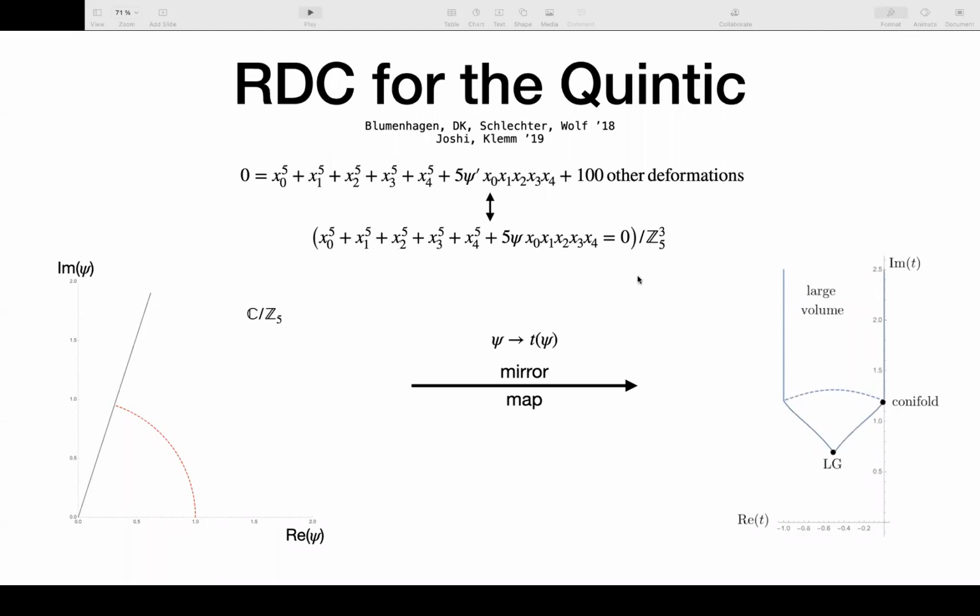And we can map the type 2B complex structure moduli space, which is spanned by this single deformation psi, which lives on this cone here, via the mirror map very explicitly to the type 2A moduli. And the moduli space is such that we have a large complex structure region here. Then the periods here converge until we hit the conifold singularity at psi equals 1.